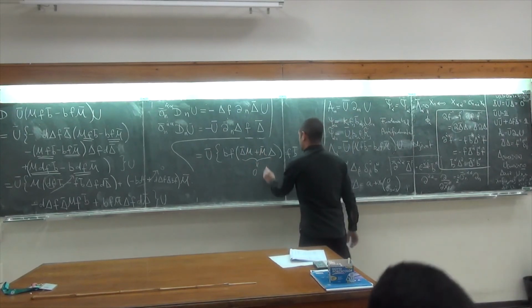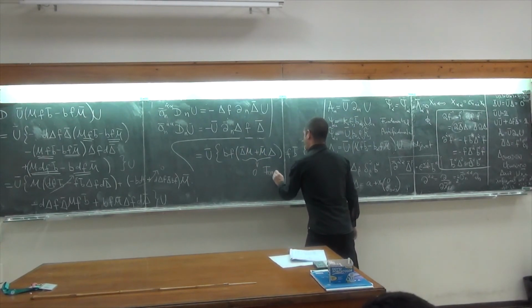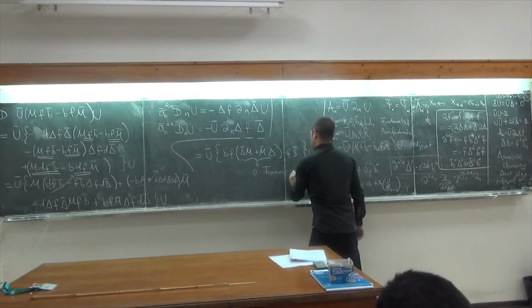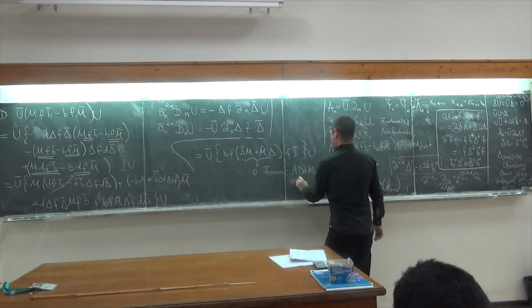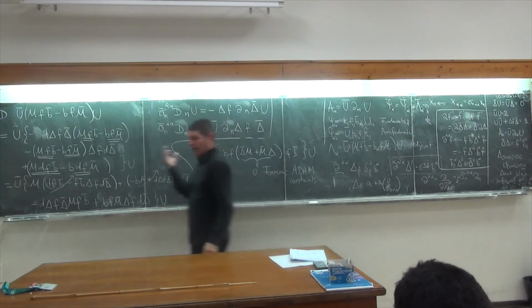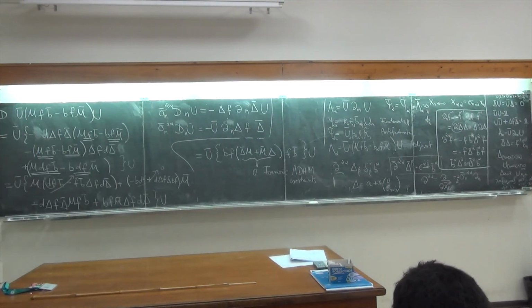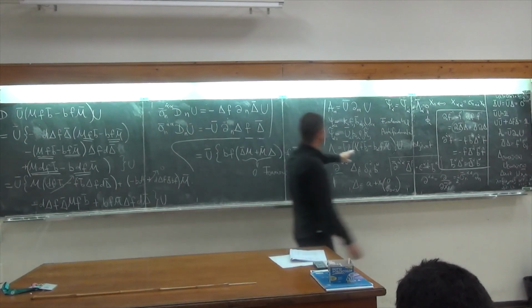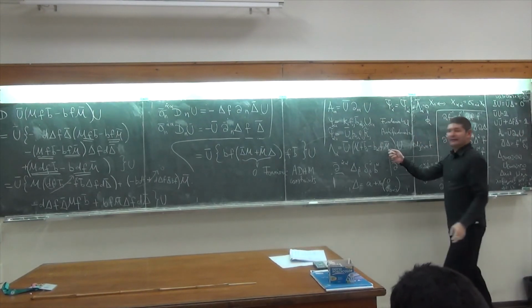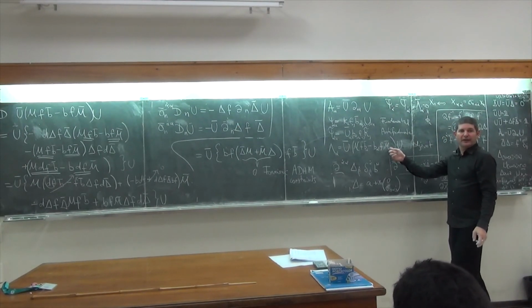This is a fermionic ADHM constraint. Therefore, the adjoint fermions should satisfy a given matrix M that satisfies a fermionic ADHM constraint.